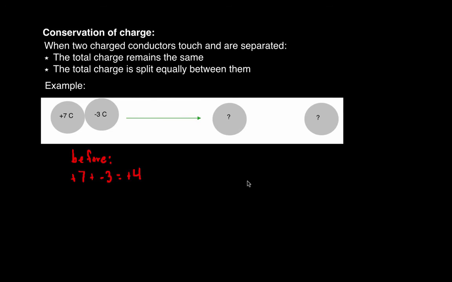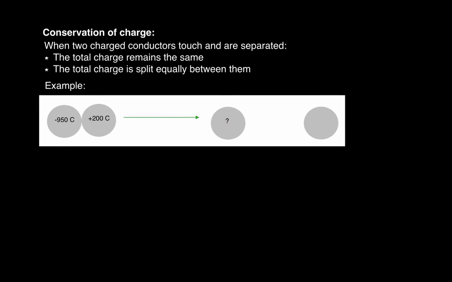Now afterwards, the total charge remains the same, but it's divided equally between them. So the two conductors after have equal charge, equal to the same total that was there before.